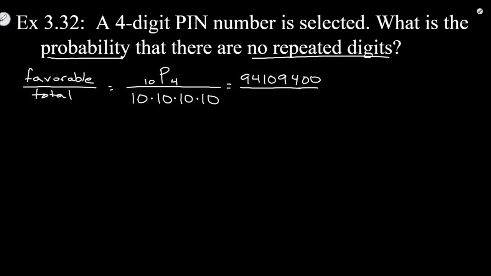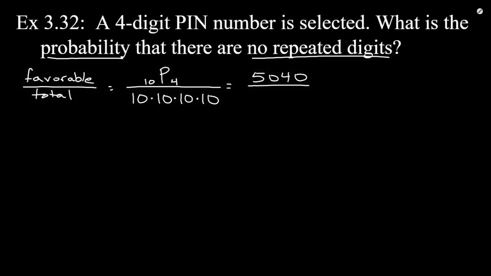Oh, whoops, I put in 100P4. That is not going to work out. So let's put in 10P4. That'll be much better. 10P4 is going to be 5,040. So for those of you who are wondering how I got that gigantic number, it's because I typed in the wrong number. I typed in 100P4.